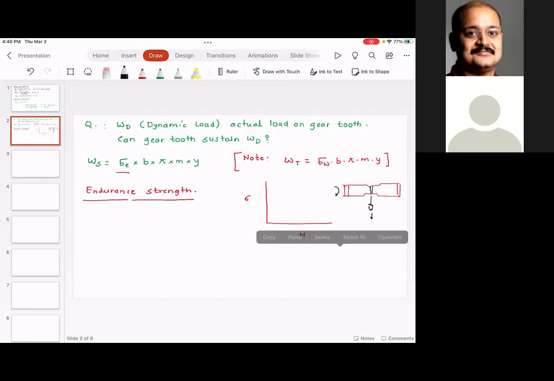If the stress is high, it can withstand fewer cycles. If the stress is low, it can withstand more cycles.